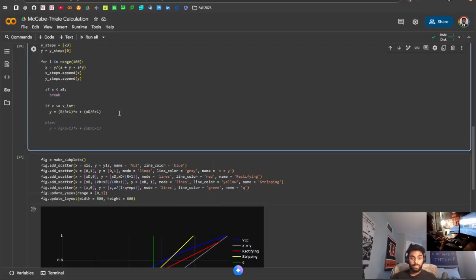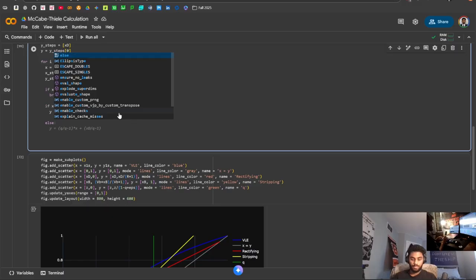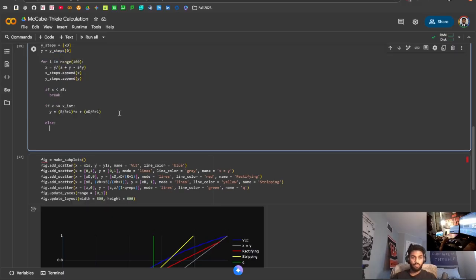But if we are not meeting that condition, so we hit this else, then we switch to our stripping operating line, which looks like VB times, VB over VB, no, sorry, plus 1 over VB times x plus our x bottoms over VB.